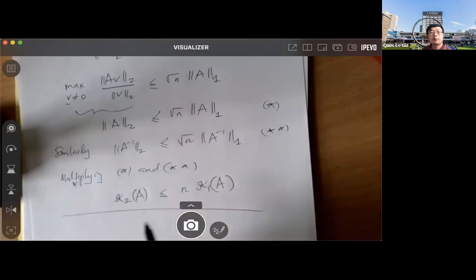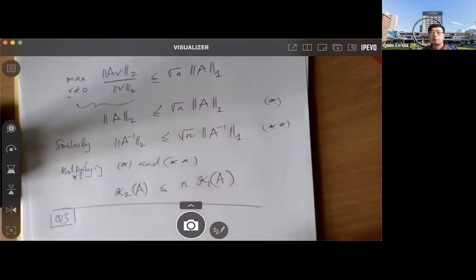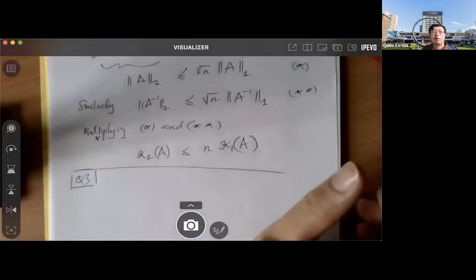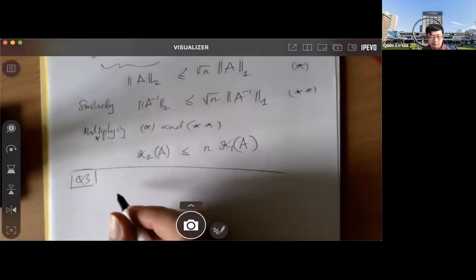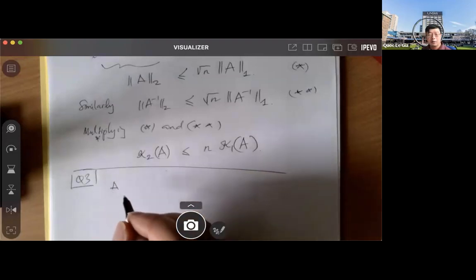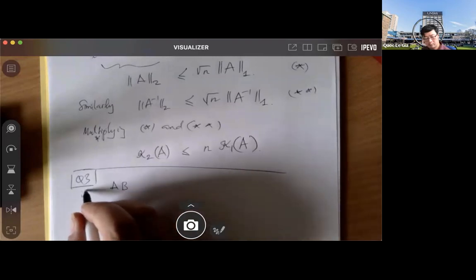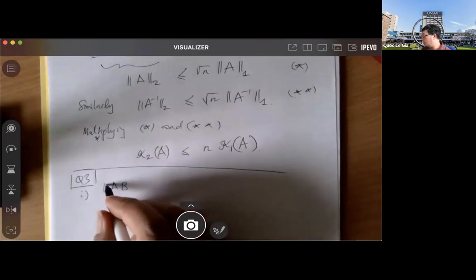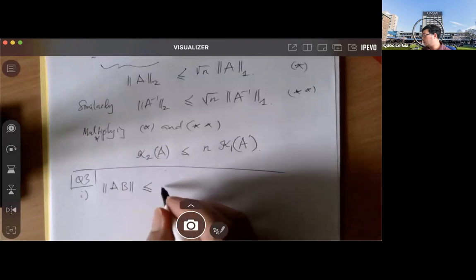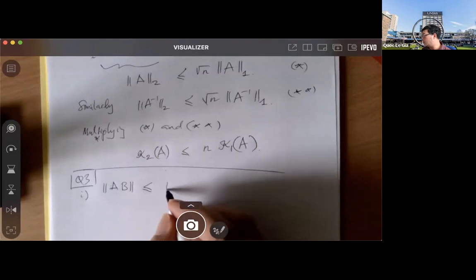So now I'm going to prove question number 3. It's a bit strange because you haven't seen the norm of a matrix before, but you get used to it. If you study year 3 and year 4, you will see it again. So now suppose I have 2 matrices. If I take the norm, which can be any norm, then the norm of the product is less than or equal to the product of the 2 norms.